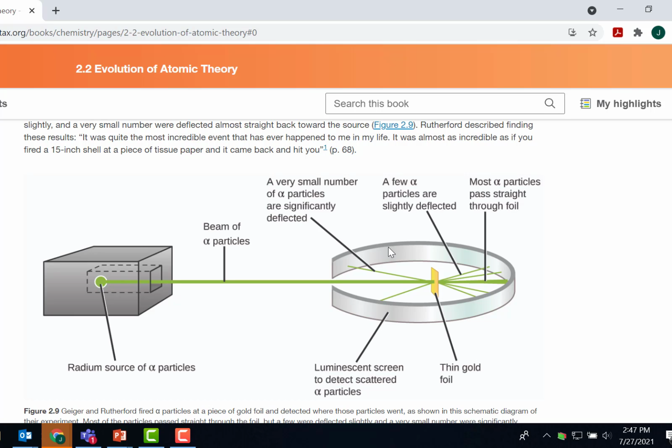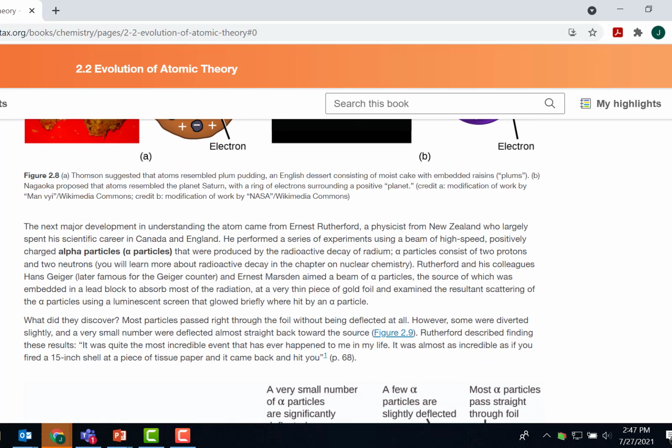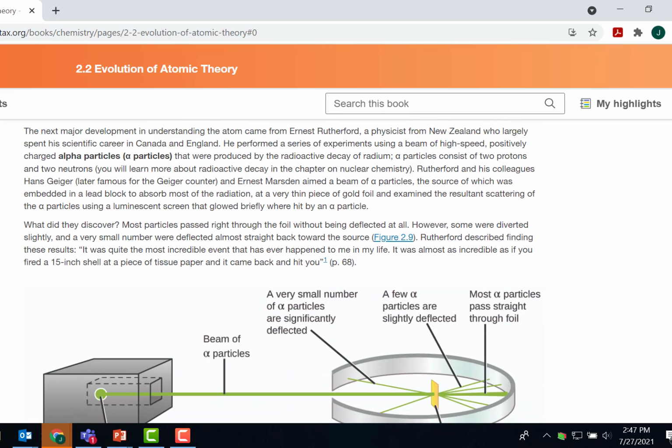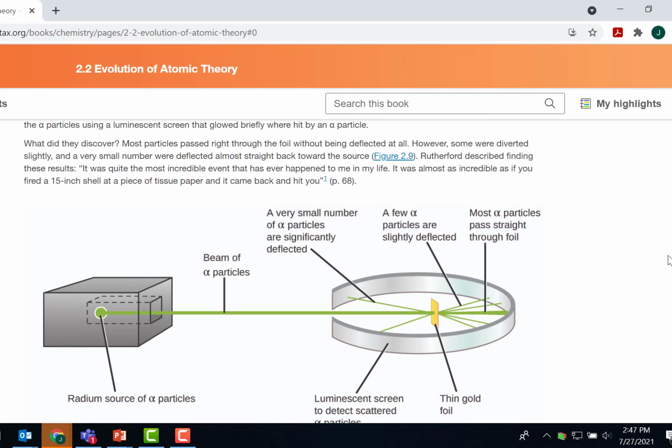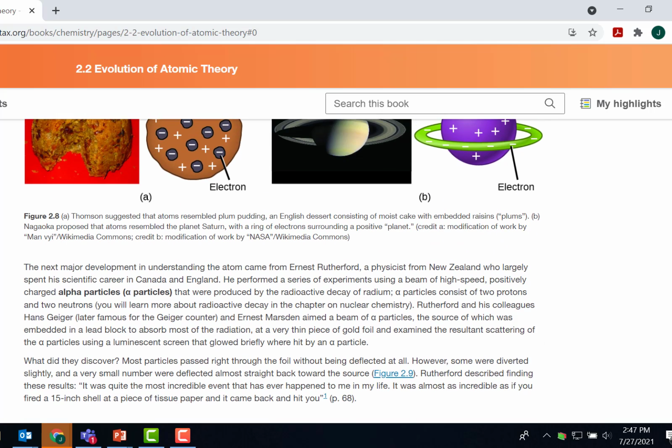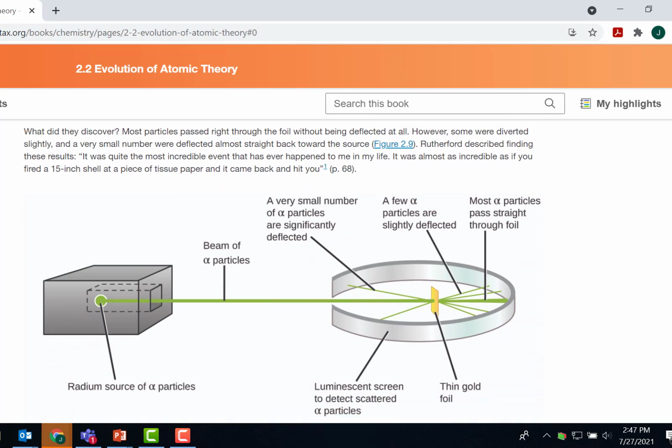That would be pretty remarkable. Based on the plum pudding model, they would have expected that it would not bounce back, that it would basically shred that Kleenex. But that's not what happened. It bounced back.